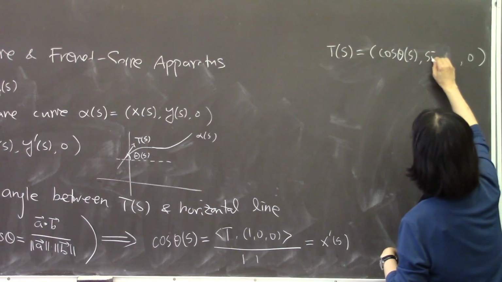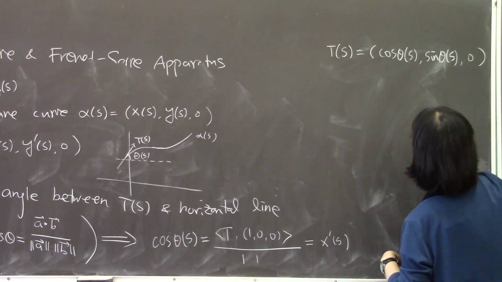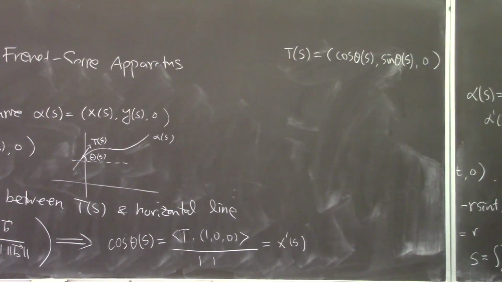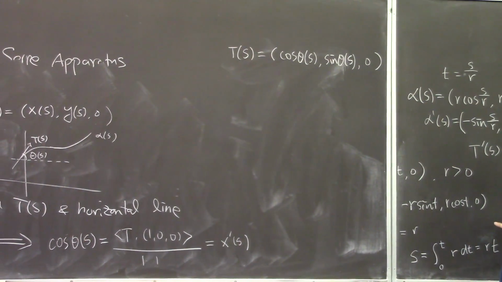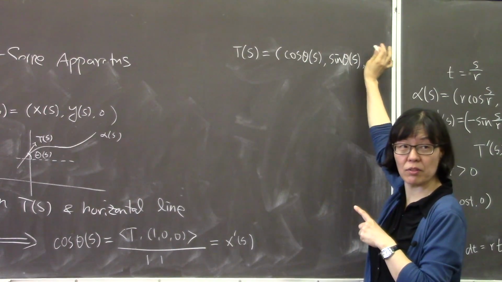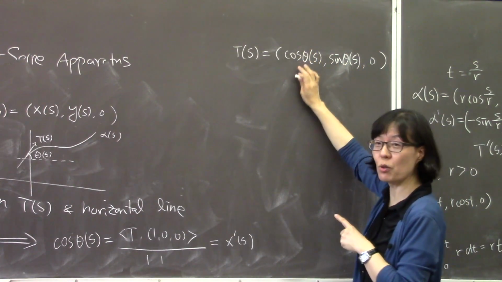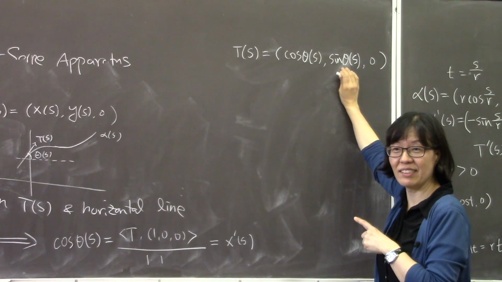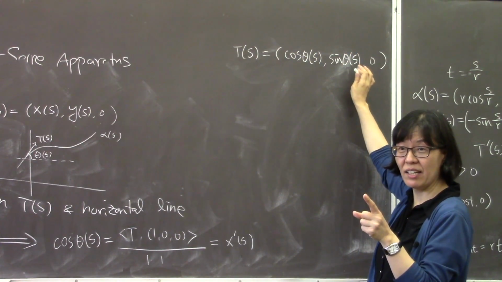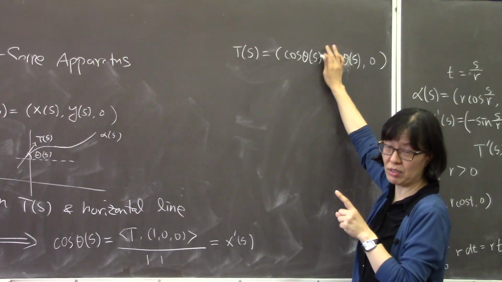It comes together. Sine theta. That makes sense? How do you get the sine again? Because the length of that whole thing is 1, and we figure out this is cosine, so this is sine, because cosine squared theta plus sine squared theta is 1.